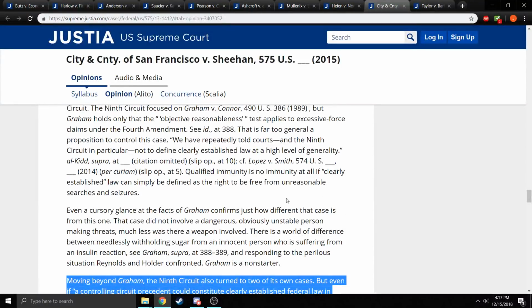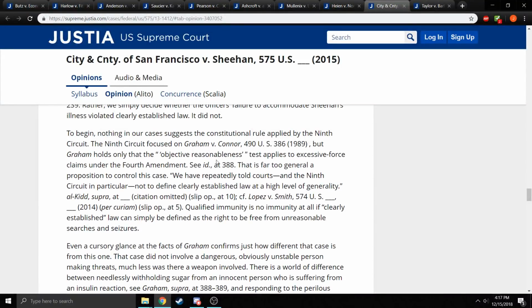They used Graham v. Connor, and so to begin with, nothing in our cases suggests a constitutional rule applied by the Ninth Circuit. The Ninth Circuit focused on Graham v. Connor, but Graham only holds that the objective reasonableness test applies to excessive force claims under the Fourth Amendment. That is far too general a proposition to control this case.